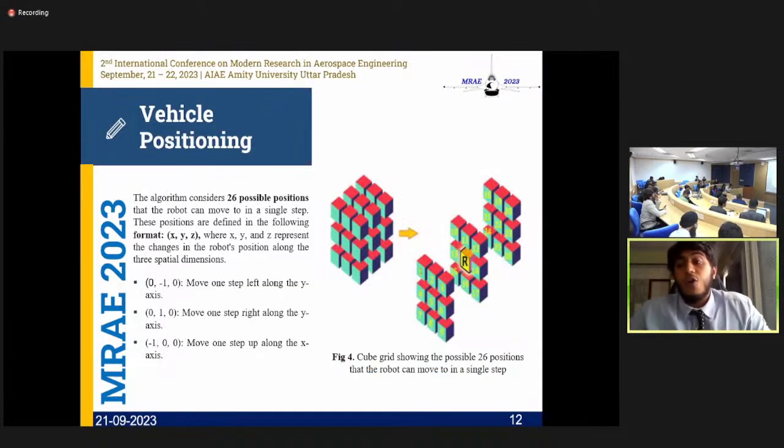Now, in order to account for the movement of the vehicle or a robot, the algorithm we have proposed is considering 26 possible positions that the robot can move in a single step, which are defined in terms of three-dimensional spatial dimensions, x, y, and z. So, for example, something like 0, minus 1, 0 is one step to the left, and something like 1, 1, 1 is a diagonal traversal.